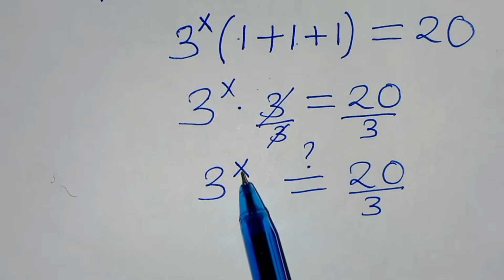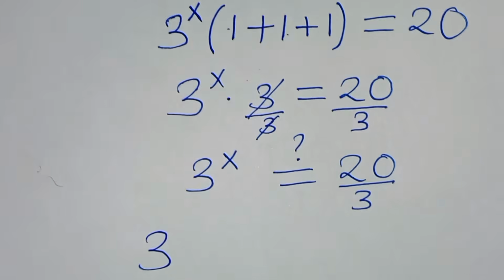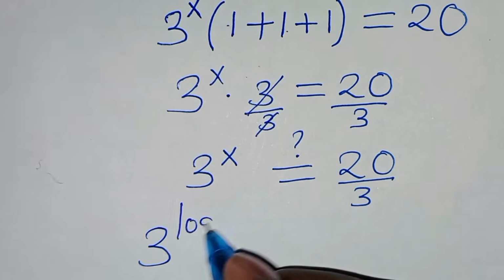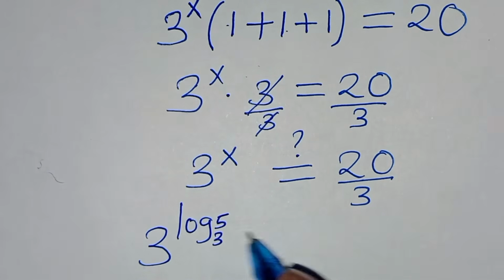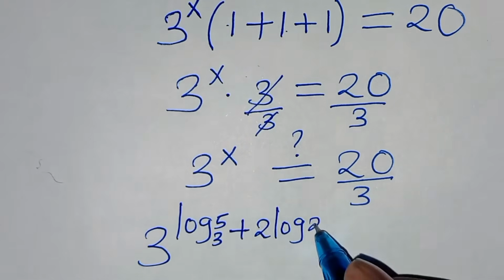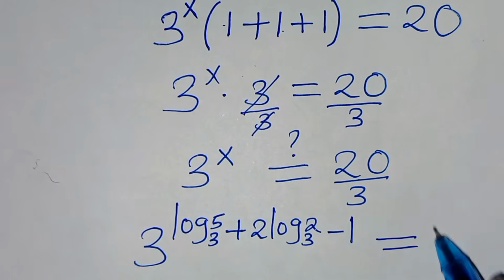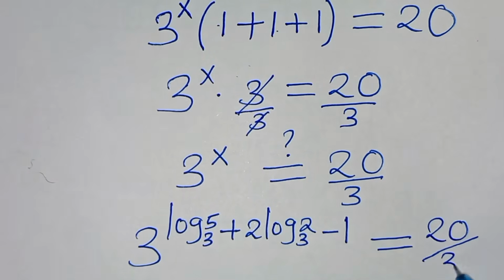Now this should give us a value of 20 over 3. Let's substitute the value of x. So here we have 3 to power log 5 to base 3, then plus 2 log 2 to base 3, subtract 1. This should give us a value of 20 over 3.